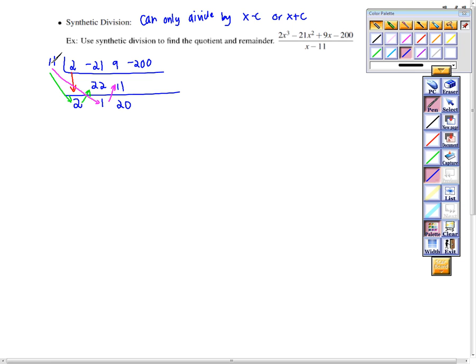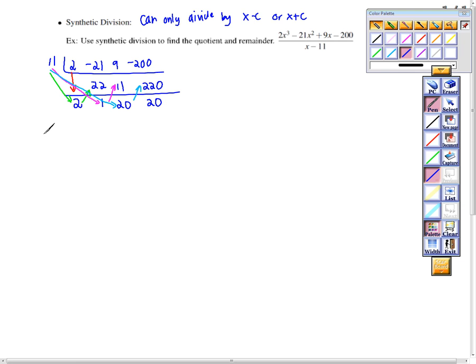We just take 11 times 20 and stick the answer right there. So 11 times 20 is positive 220. I have negative 200 plus 220. I have 20 as my remainder.